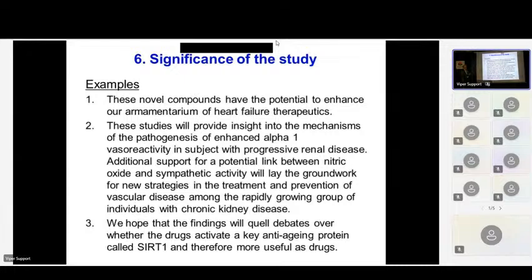I'll give some examples. This is a simple statement to make, not pages together of writing. These novel compounds have the potential to enhance our armamentarium of heart failure therapeutics, and this gives a new mechanism of action. Or to say, these studies will provide insight into the mechanism. Or this one: we hope that the findings will quell the debates over whether the drugs activate a key anti-aging protein.